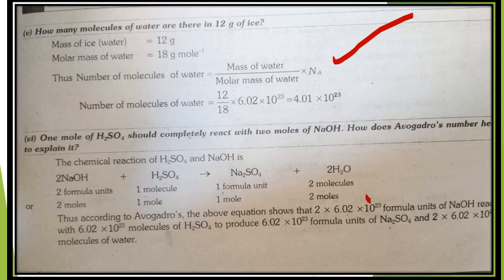So this is how Avogadro's number helped to explain the reaction between sulfuric acid and sodium hydroxide.